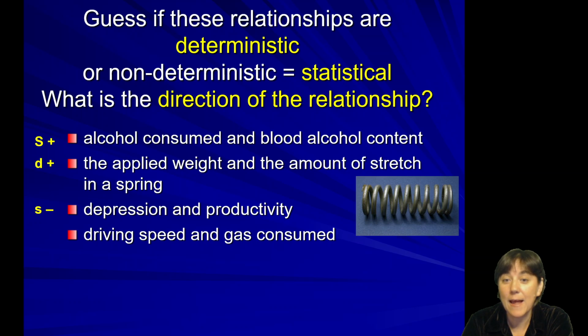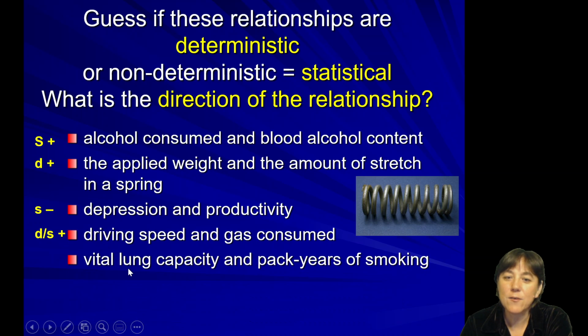Driving speed and gas consumed is a tricky one because it is basically deterministic once you are talking about a single car with single features, but the more you step on the gas, the more gas will be consumed, but this might differ for different brands of cars or based on the age of the car, etc.